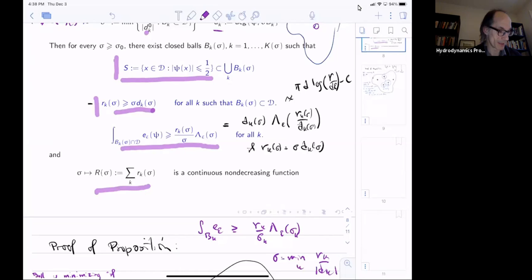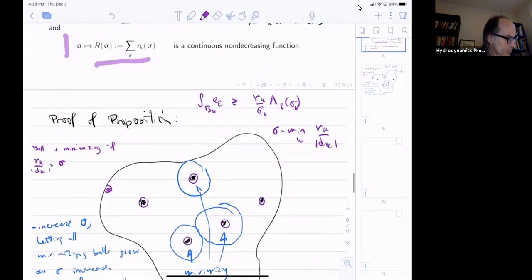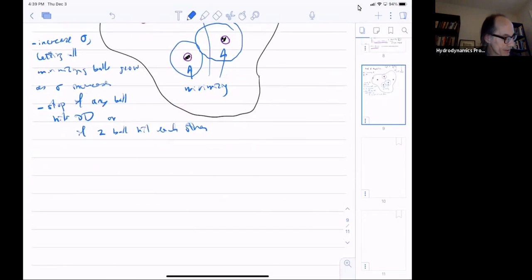I always increase the balls in a way so that Rk over dk is equal to sigma for the minimizing balls, and by definition is greater than sigma for the non-minimizing balls. Okay, this is easy to see. And so this is the hard, or non-obvious, part: the energy lower bound.